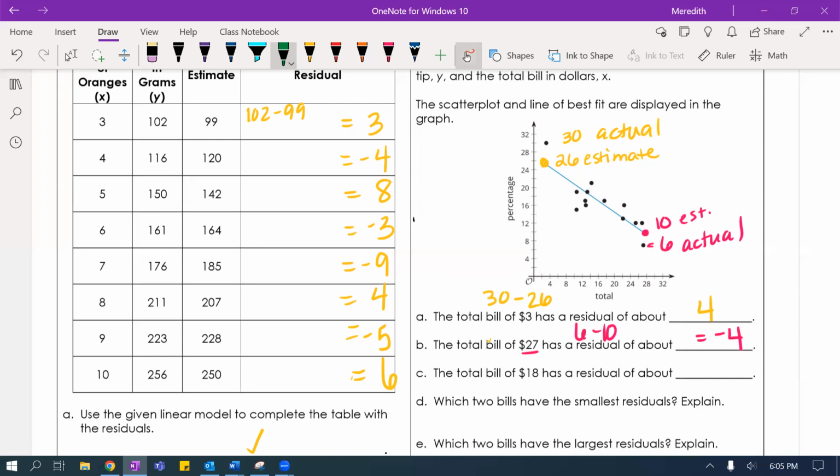Here is our estimated. And that is, I don't know, 16. And the actual, we're just going to pick the one closest to it, which is right here. That is about 17. So 17 is actual, 16 is estimated. So this would give us about 1.